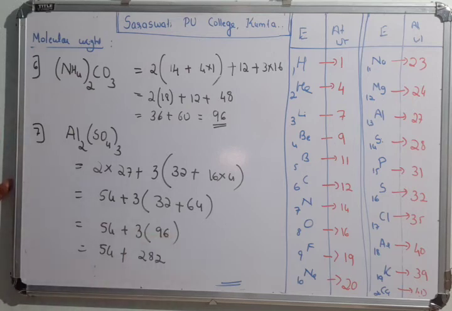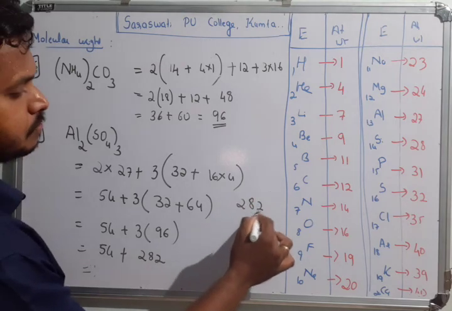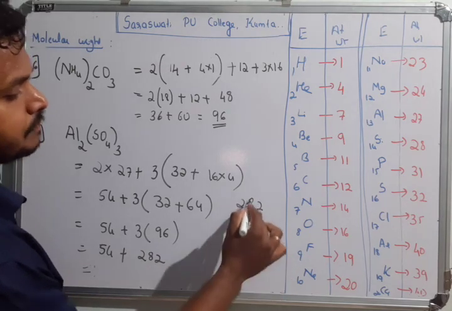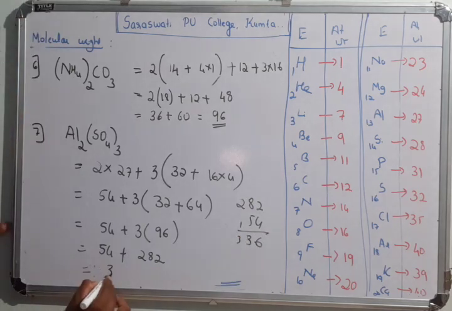So add finally: 54 plus 282. So you can separate also, right? 282 plus 54. So this will be 6. 8 plus 5 will be 13. 1. So 336. So 336 is the molecular weight of aluminium sulfate.